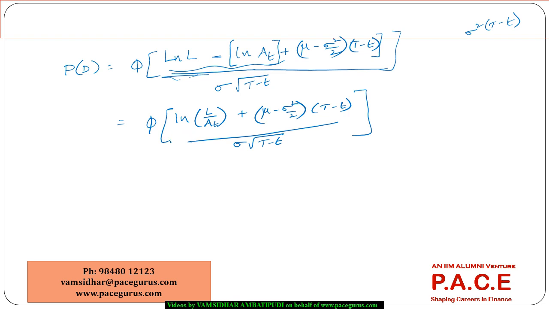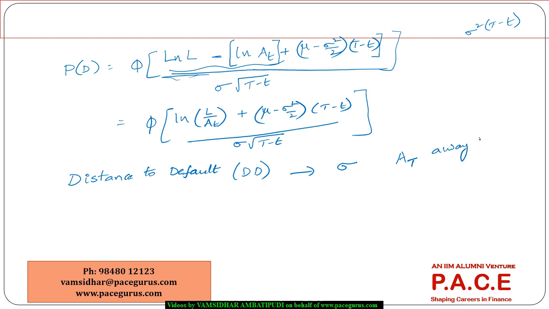Now, once I know the probability of default, we can introduce another term called distance to default, which is quite commonly used in these applications. They call it distance to default, DD, which is nothing but the number of standard deviations the expected value of the asset at time T is away from default.